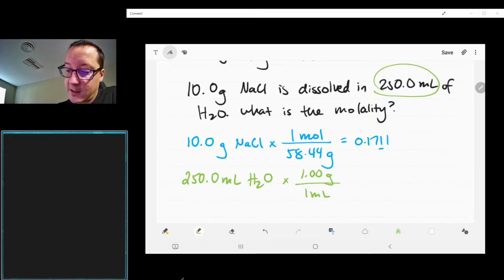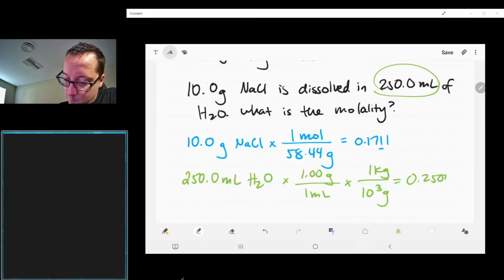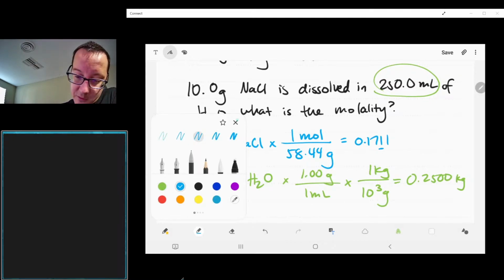And if we need it in kilograms, we can use the appropriate unit conversion. And we, of course, get 0.250 kilograms there. Hopefully that one is the easier calculation. I should indicate, of course, this was moles.